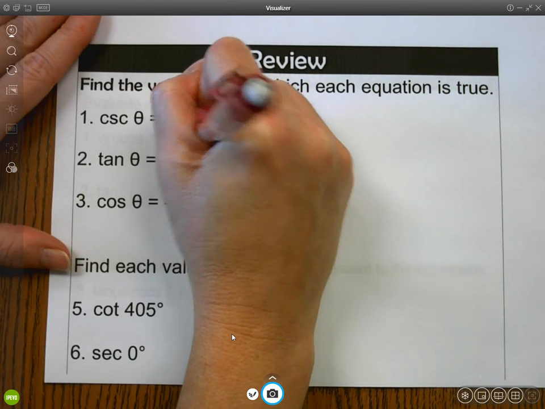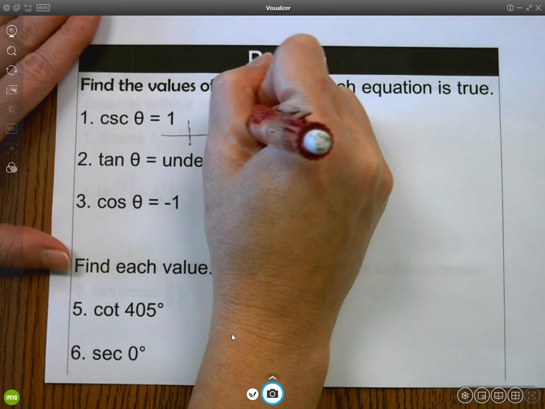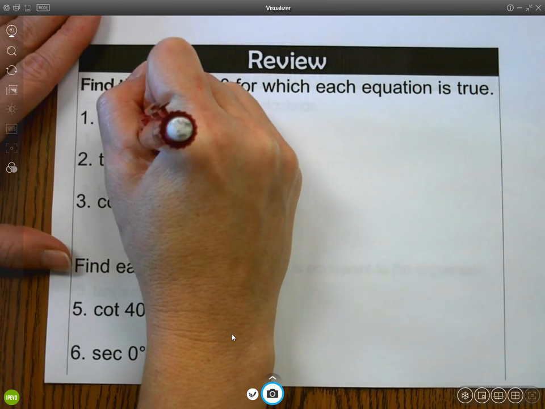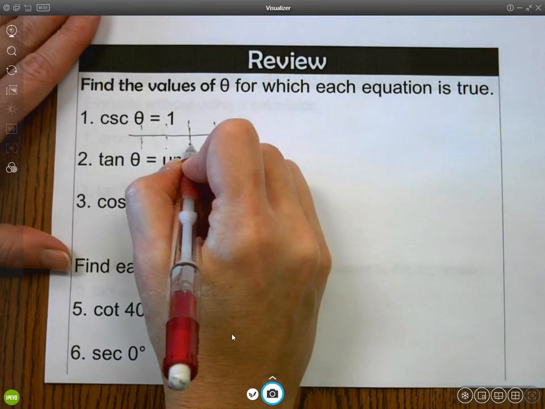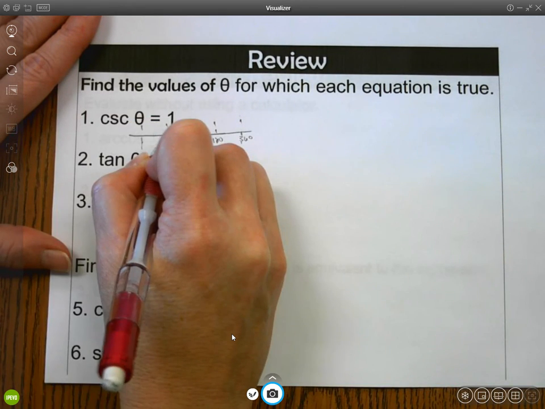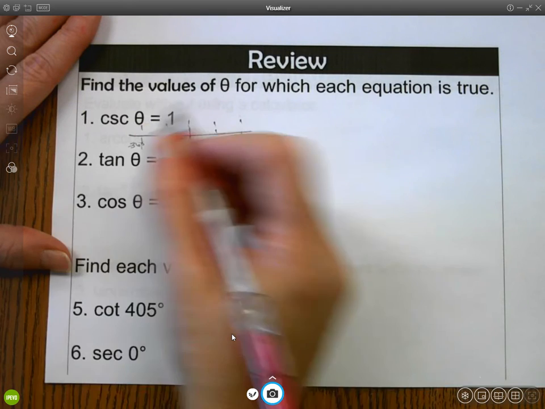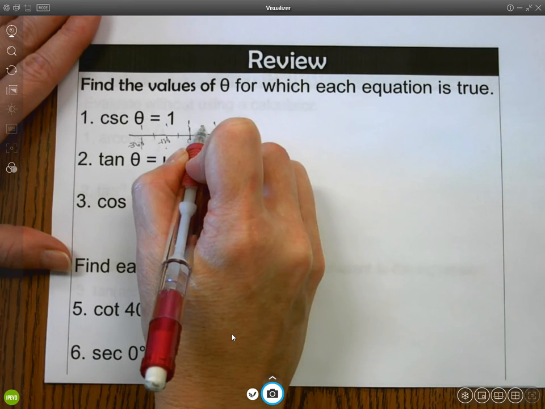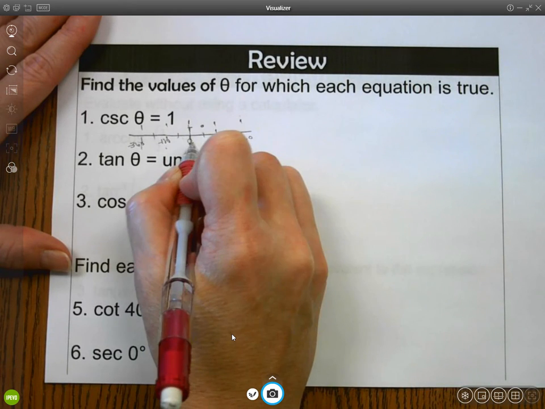So it has asymptotes here, and here, and here, and then over here, and over here. So this is 0, 180, 360.